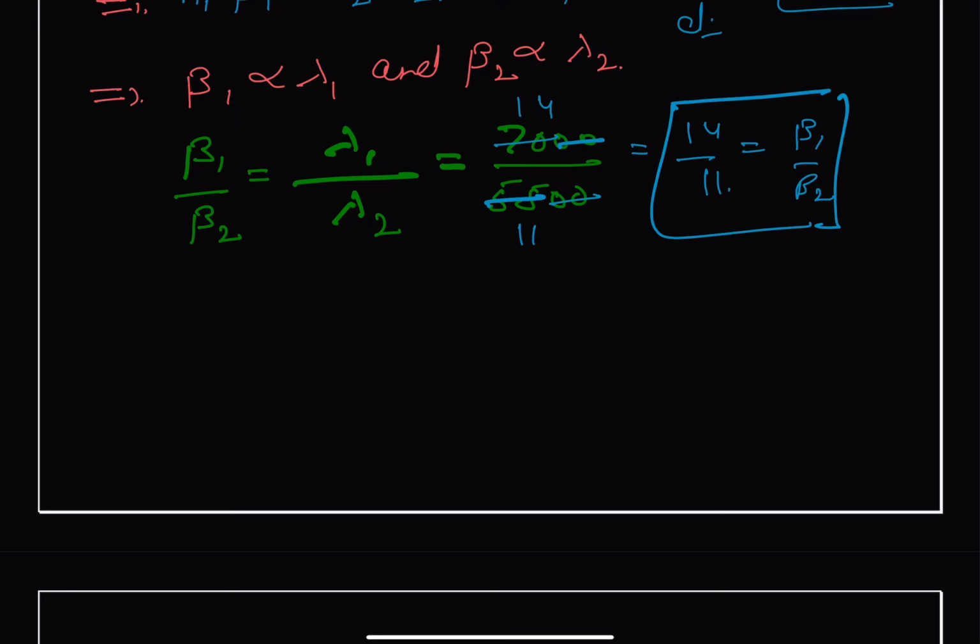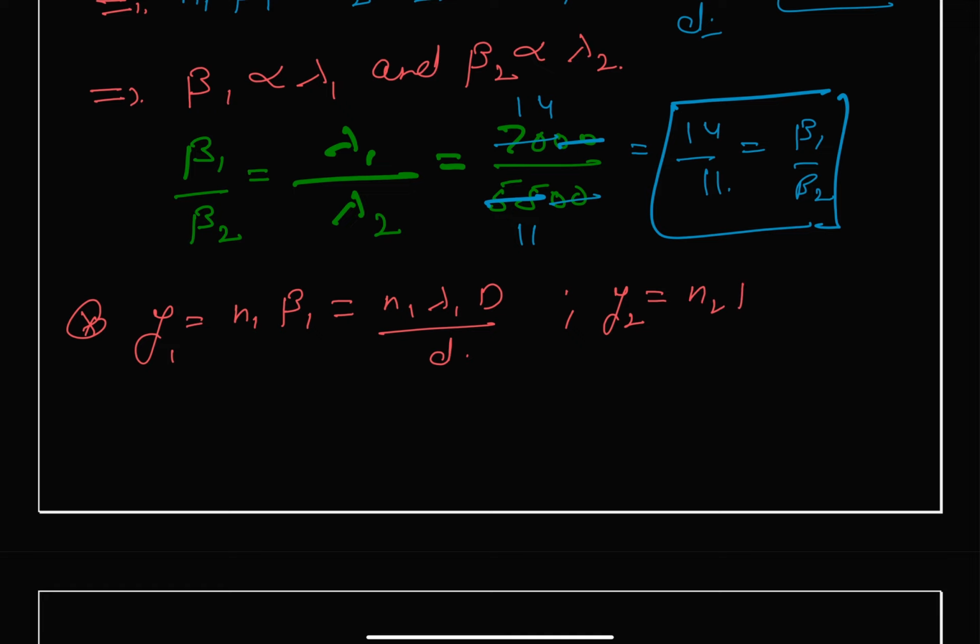Also we know that y is equal to n1 beta 1, and this can be written as n1 lambda 1 capital D divided by small d. Let us call this y1. Similarly, y2 will be n2 beta 2, which is n2 lambda 2 capital D divided by small d.